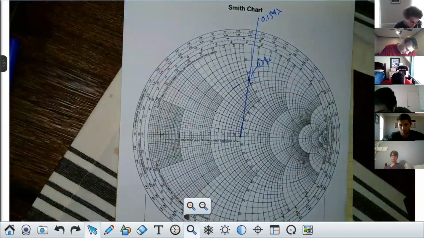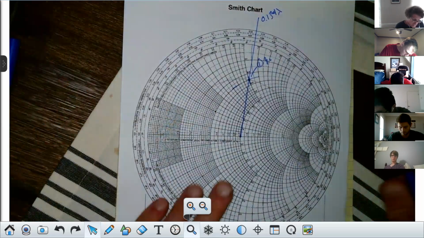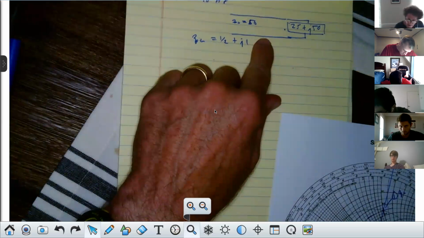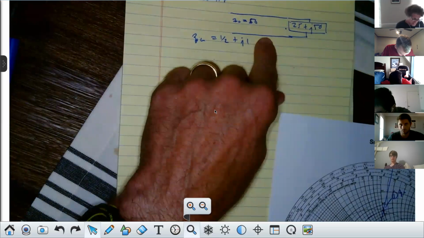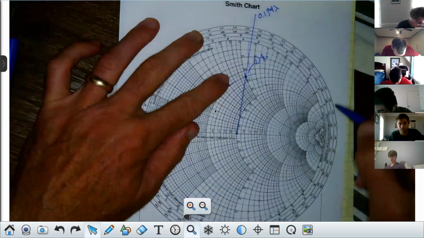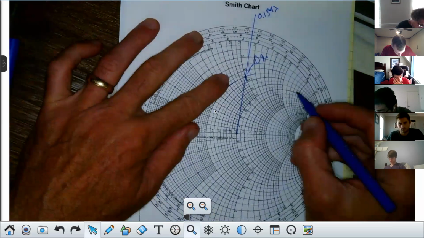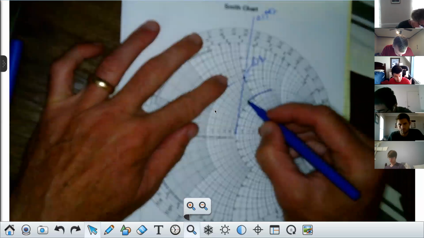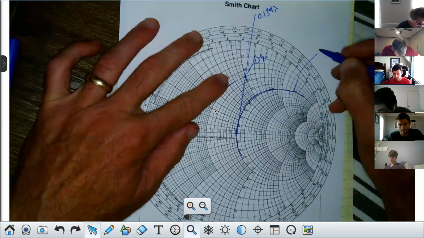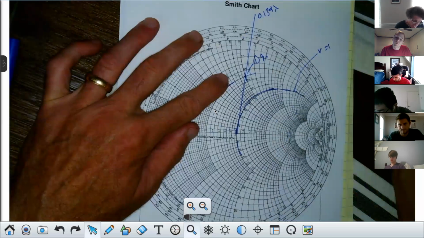I don't have a dark ink. And listen to me. I said we're going to move from the load until we hit a point where the real part will be 1, and you're going to have some imaginary part. So I want you to keep watching here. Where's the real part 1? You see how this is the 1 circle here, class? This is the very important part. This is the R equals 1 circle. Y'all see that?